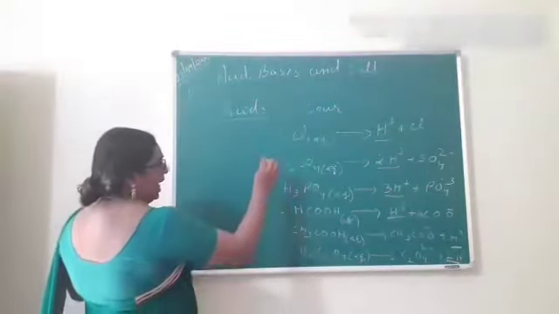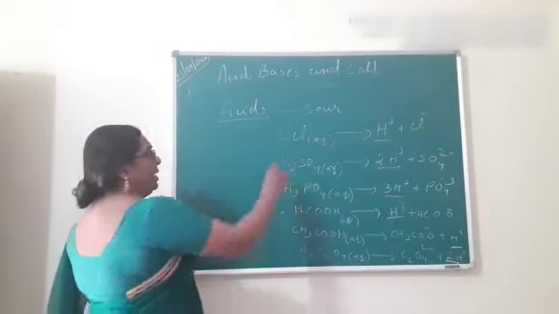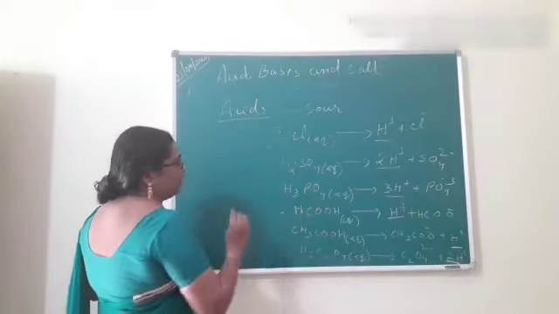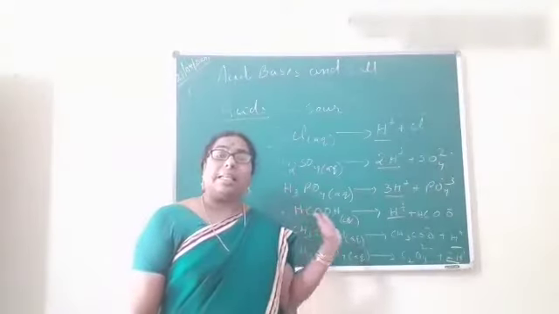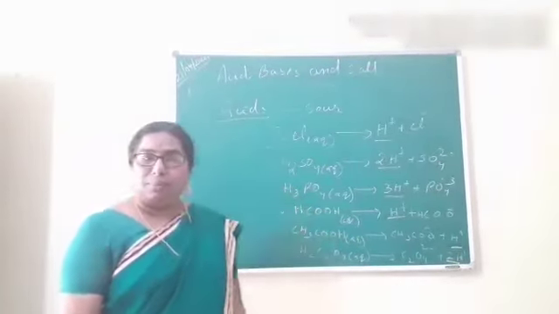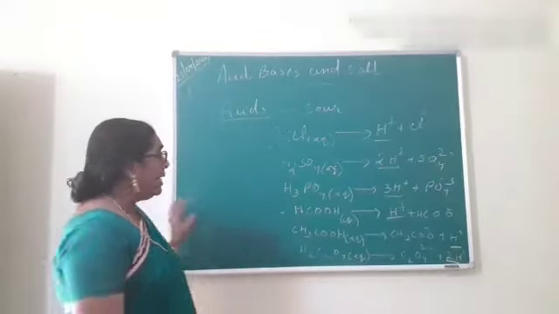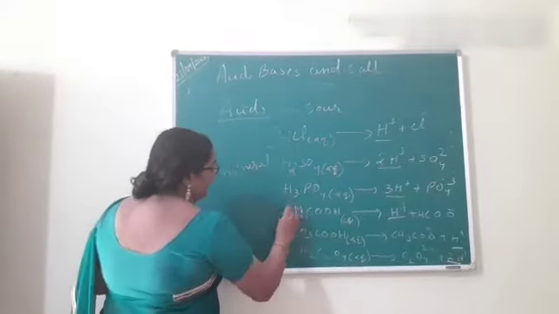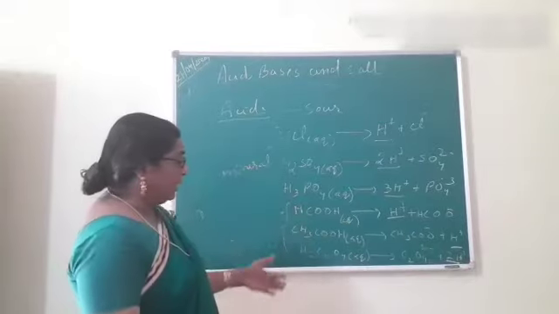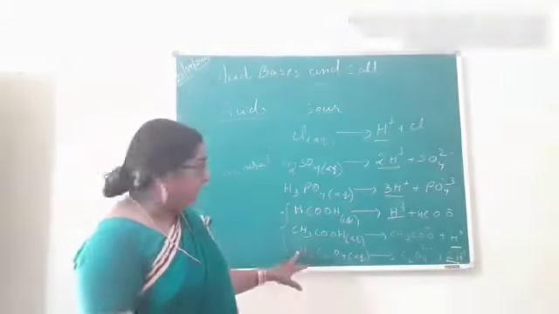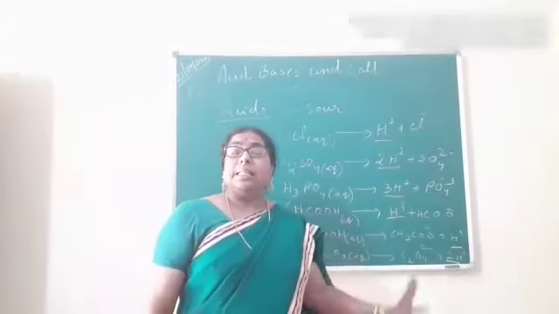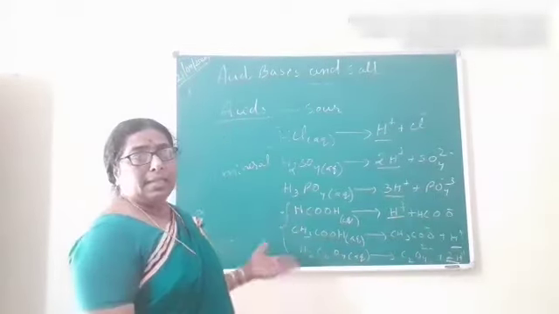Okay, now let me divide these acids into two types. If you consider HCl, H2SO4 or H3PO4, these are acids which we can synthesize in the lab, or which are obtained from minerals, and therefore they are termed mineral acids. On the other hand, acids like methanoic acid, ethanoic acid, that is formic acid, acetic acid, and oxalic acid are all obtained from plants or animals.